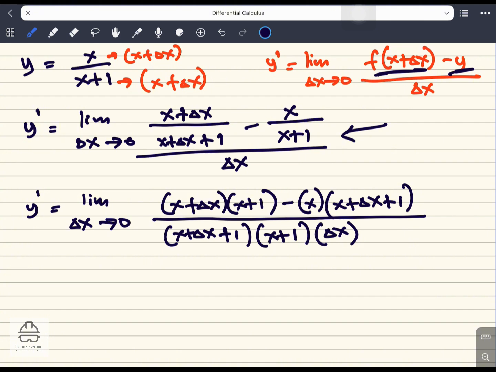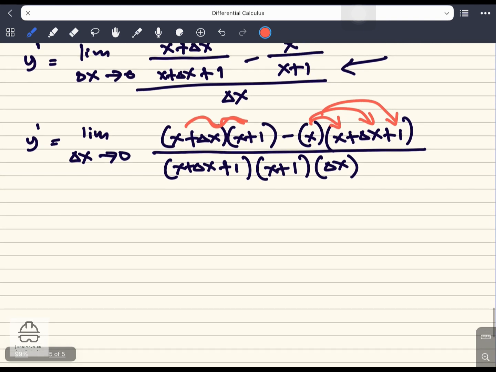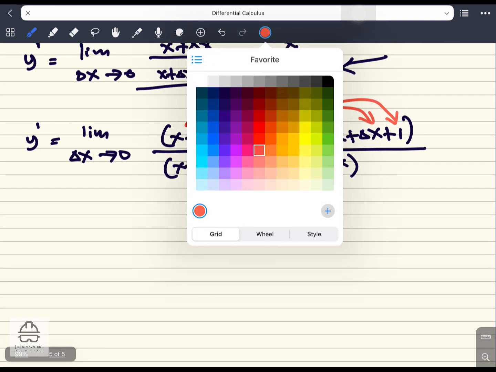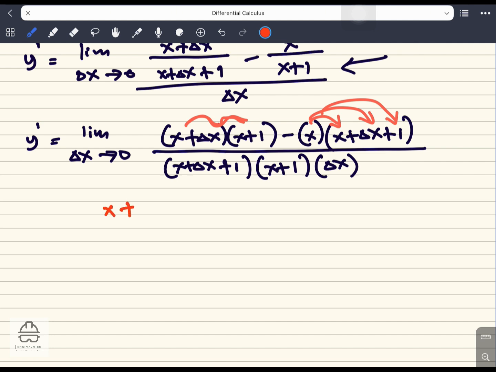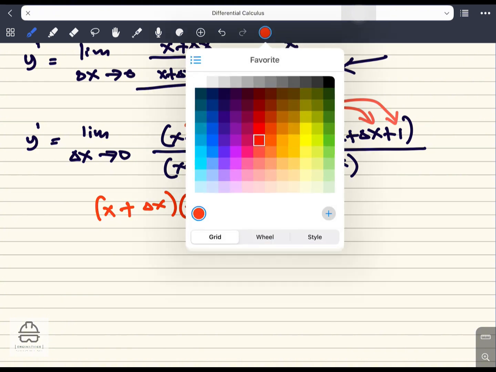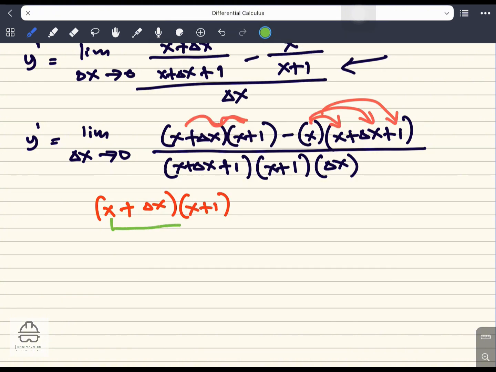Next is we will perform a FOIL method in this equation here. And this one is i-distribute lang natin siya sa loob ng parenthesis. Okay, so let's solve first for the FOIL method. That would be x plus delta x times x plus 1. Okay, you just have to follow x times x, then x times 1.